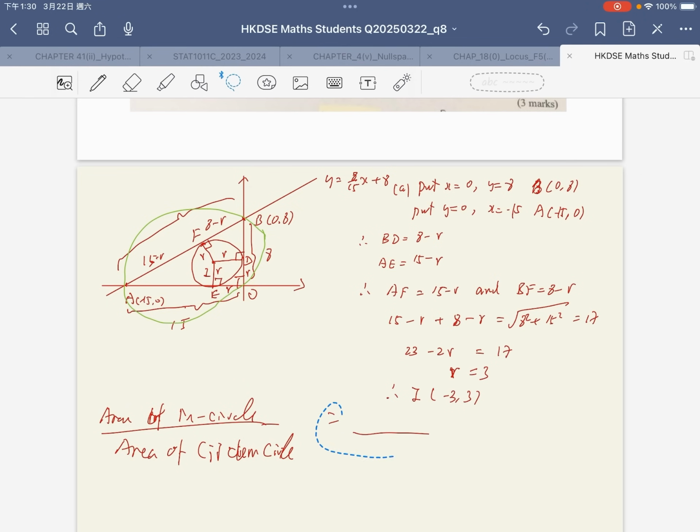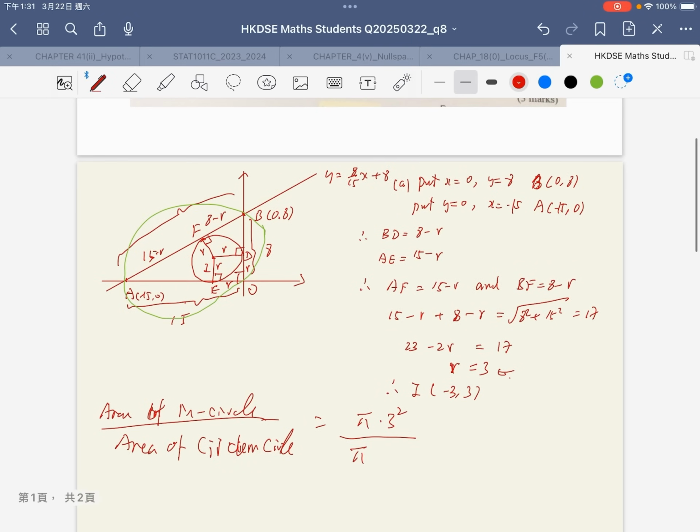The numerator: we have calculated the radius of the incircle, which is 3. Then this is pi r squared. Pi r squared means pi times 3 to the power 2. And as this is the diameter for the circumcircle, this one is the diameter of the circumcircle. Therefore, the radius should be, there's 17, the radius should be 8.5.